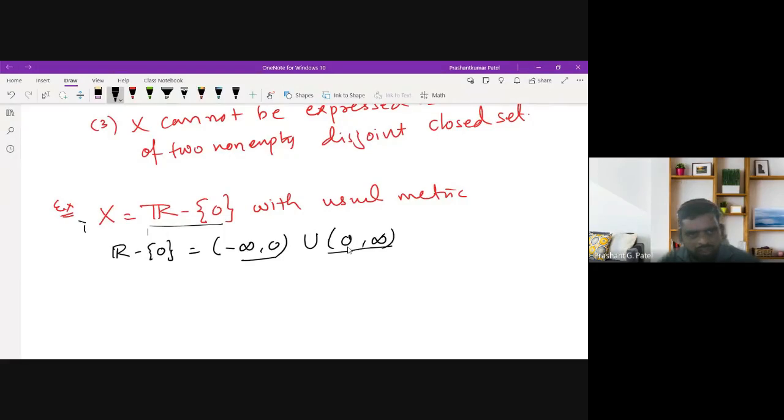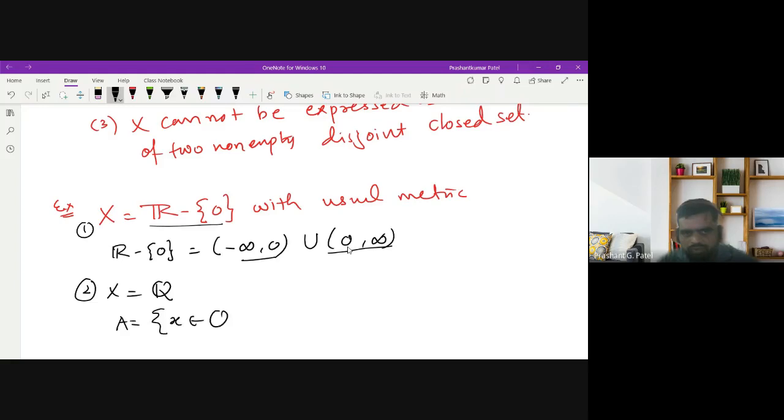What can you say about Q, the set of all rational numbers? Is it connected or disconnected? It is disconnected due to this.